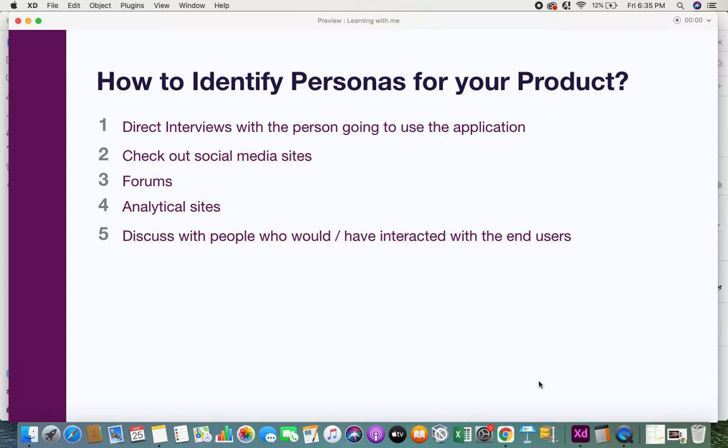Another way, if you want to understand how similar personas and people are, is to check out social media sites where you have a lot of customer profiles. You know their likes and dislikes, and you will tend to understand their feelings. A lot of analysis can be done on social media. Then you have forums.